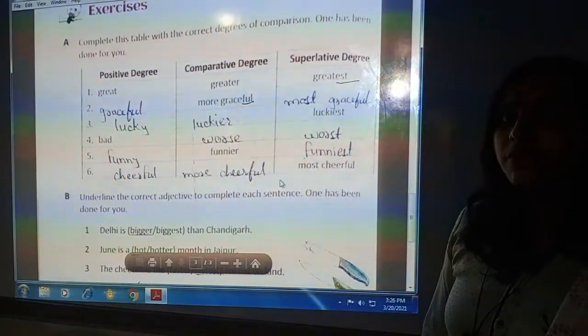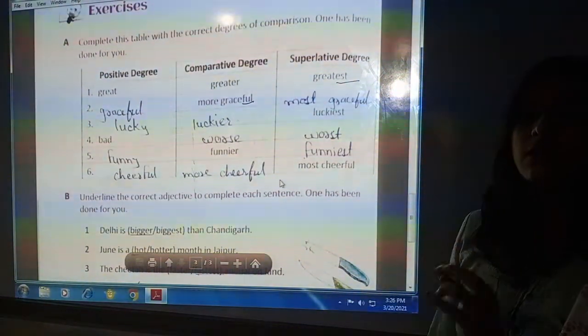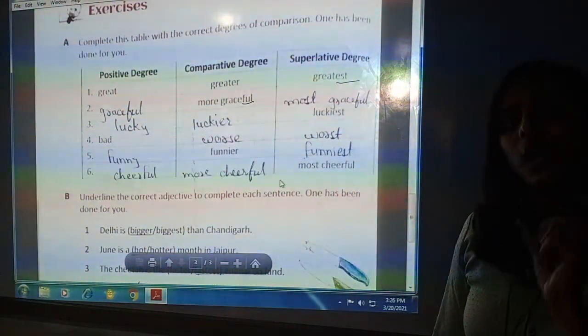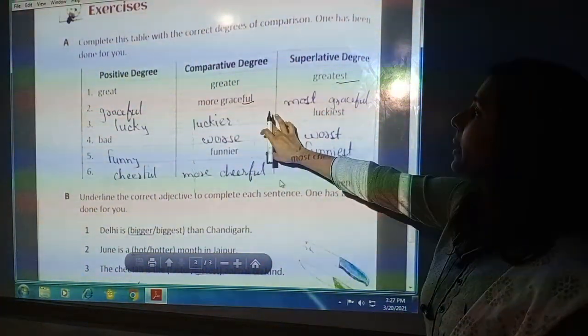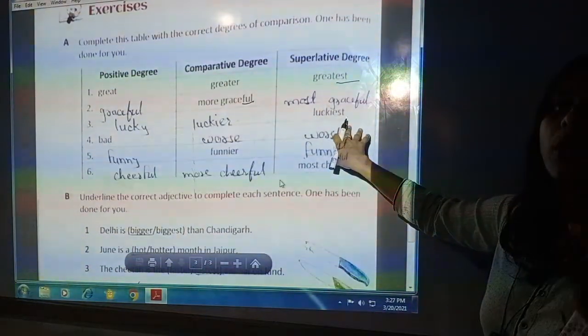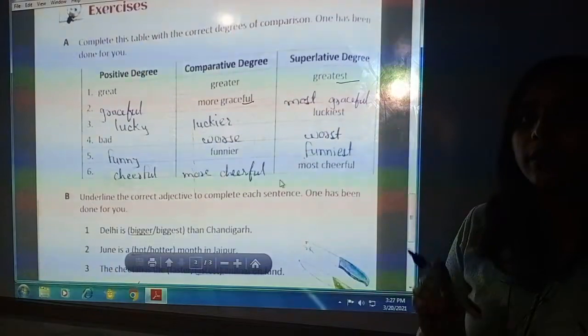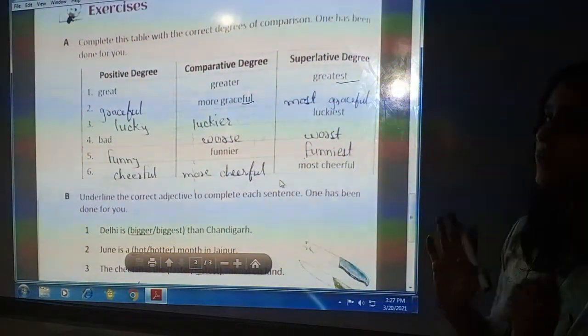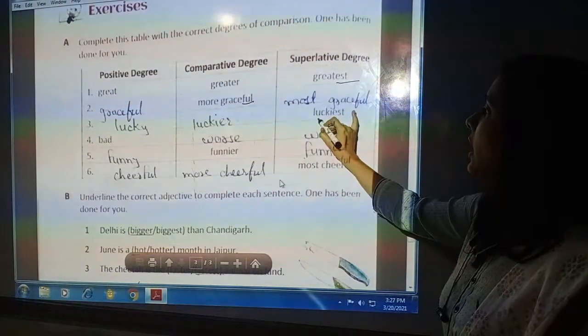So because of the suffix we will not add -er or -est after the adjective, but instead we will add more and most before the adjective. So in the comparative degree, more graceful is given. In the superlative degree it will become most graceful, and in the positive degree the adjective will be as it is, graceful. Okay. Next one, here you can see luckiest.